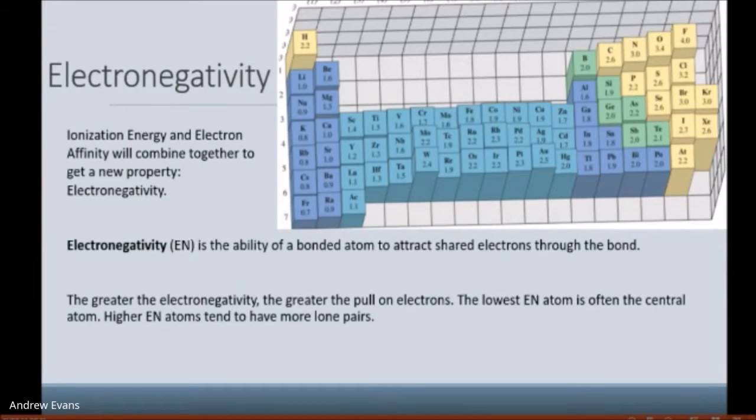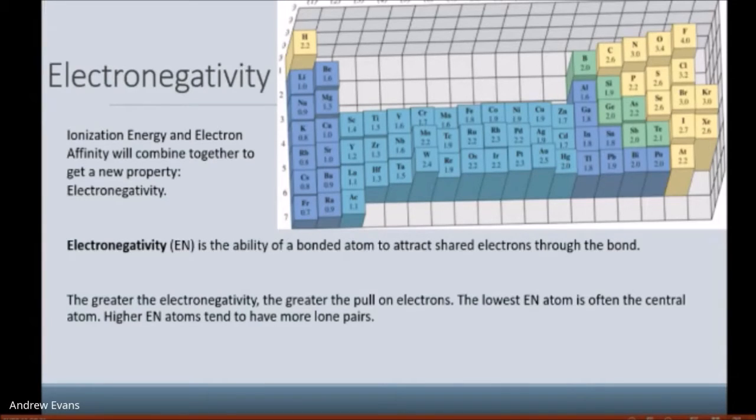But the whole idea is the easier it is to be ionized, the harder it is to get an electron, the weaker it is at holding on to the electrons it has. The harder it is to ionize, the easier it is to give an electron, the better the atom holds on to the electron.